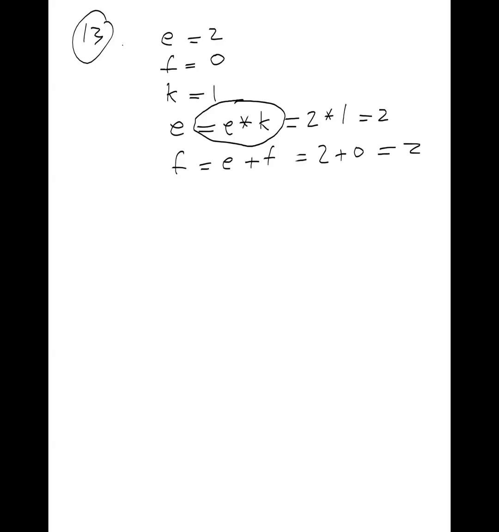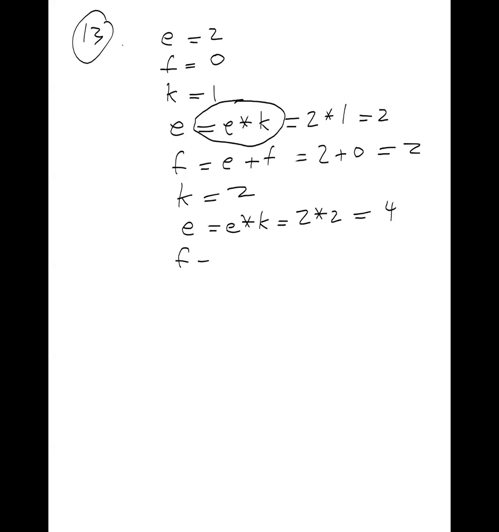Now you're going to go back to the top of the loop because the loop runs from k equals 1 to 3. So the next value is k equals 2. And then you're going to go inside the loop again, and E is going to equal E times k, which is now 2 times 2, which is 4.